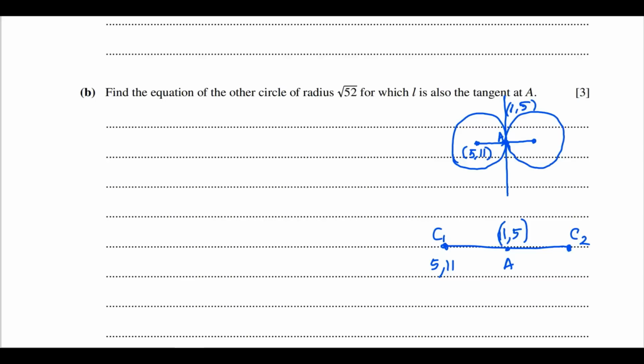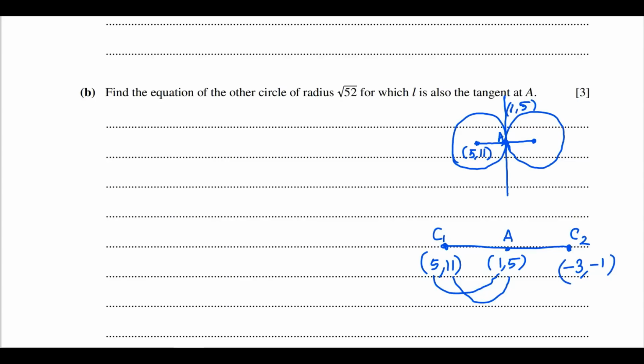So we can find out C2 as, from 5 to 1, if you subtract 4, you will get 1 from 5. So from 1 you have to subtract 4, so you'll get negative 3. From 11 minus 6 is 5, so 5 minus 6 is negative 1.